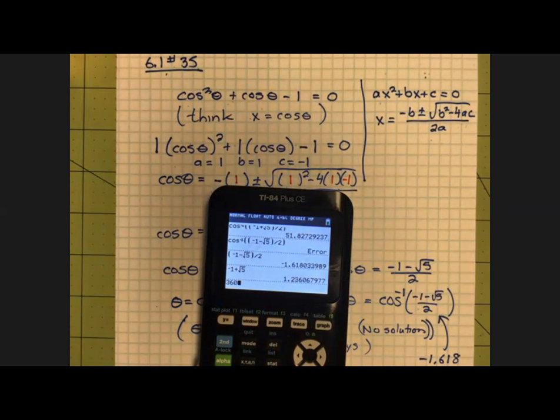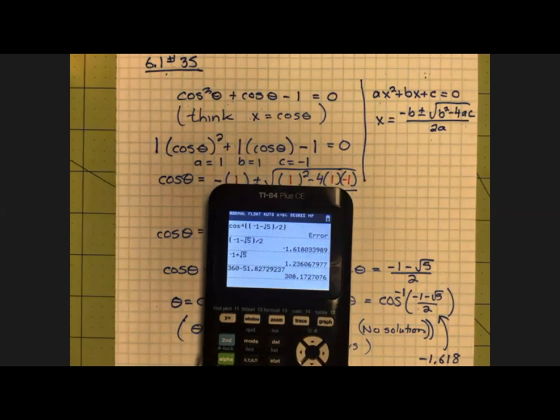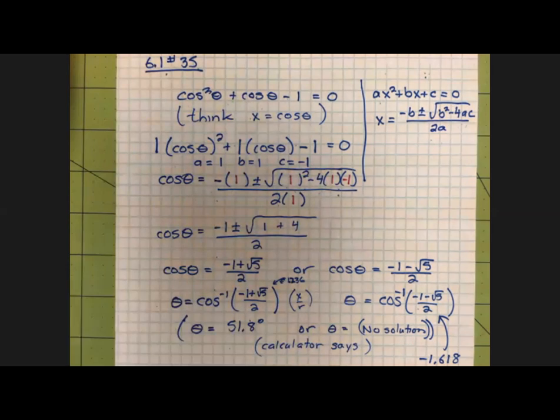Take 360 minus that number we got up there. 308.2 to the nearest tenth of a degree. So negative 51.8 is not in our answer range, but 308.2 is. I got no answers over here.